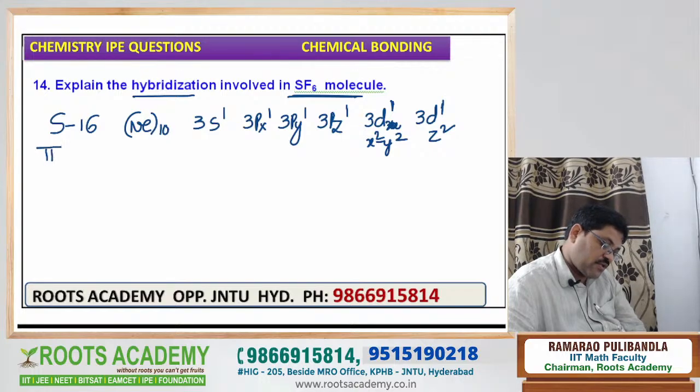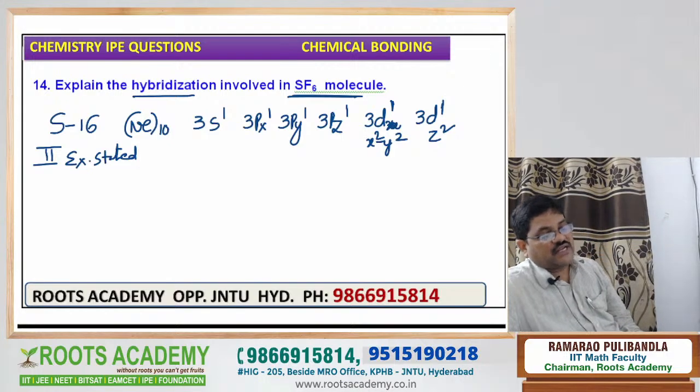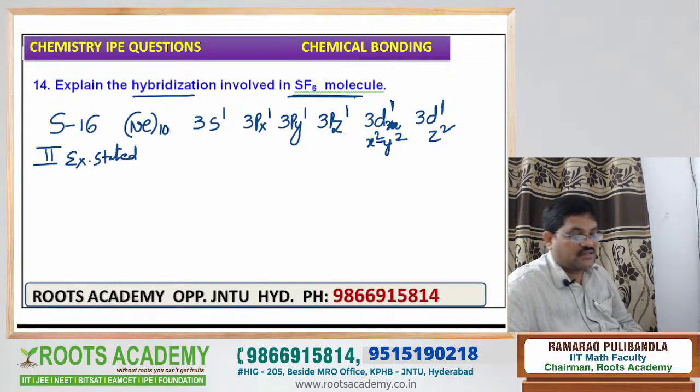Now the sulfur you write in the second excited state. Sulfur in the second excited state you write like that: 3s1, 3px1, 3py1, 3pz1, 3dx²-y² 1, 3dz² 1. Right, students? Very good. Now here, what happens?